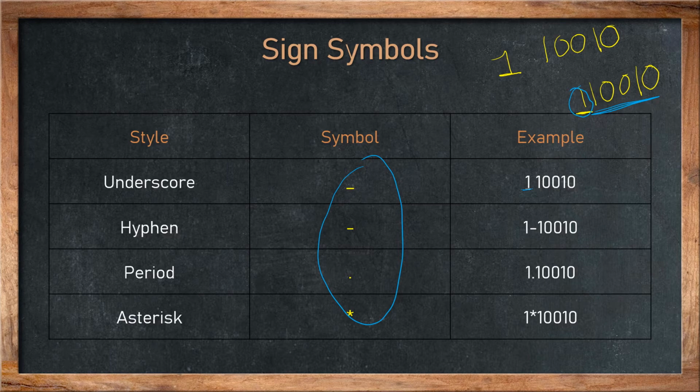Also you can use the hyphen sign, this is underscore, this is hyphen. Also you can use the dot sign, and also the asterisk sign. So these are the symbols. You can use any of them. Normally I prefer this one, but you can use any. So it's all about the sign symbols to display negative numbers.